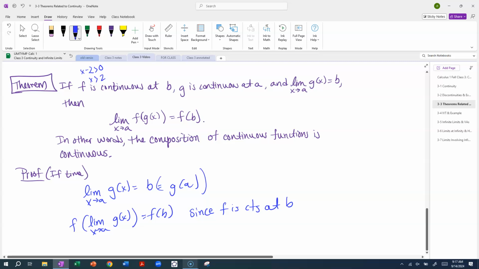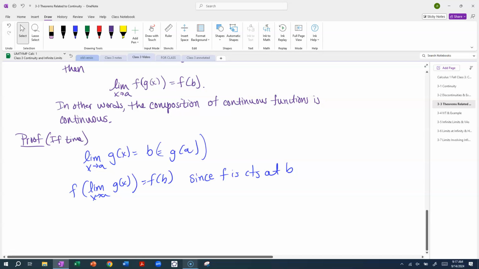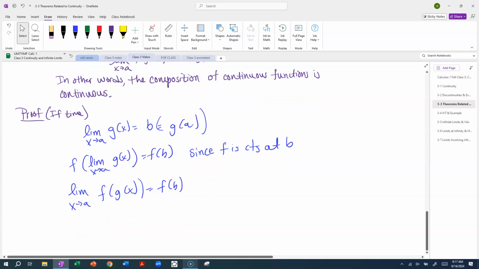This allows me to say that the limit can actually come outside, so I get the limit as x approaches a of the entirety of f of g of x is equal to f of b.